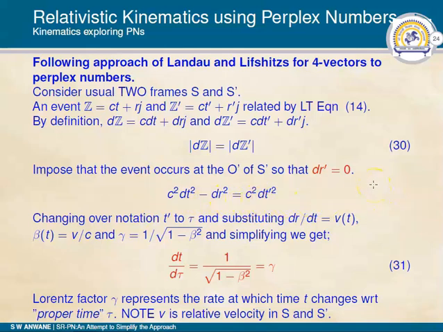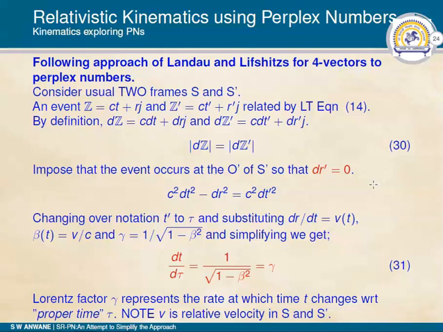Now we can rearrange this equation wherein we can write tau for t dash and substitute dr by dt times velocity, which is obviously a function of time, and velocity upon c will be relative velocity beta, obviously function of time, and we define gamma is equal to 1 upon under root of 1 minus beta square, the usual definition that we are carrying further.